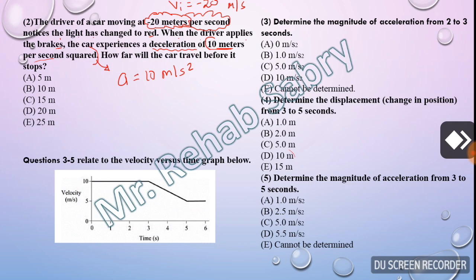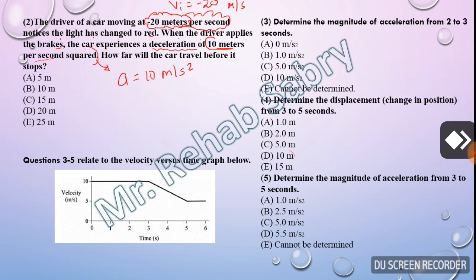In other words, if the acceleration is positive, it doesn't mean it's speeding up or slowing down. We will not say it's speeding up or slowing down before knowing the sign of the initial velocity. If the acceleration is opposite to the sign of initial velocity, it will be slowing down, even if it's positive, as in this case.